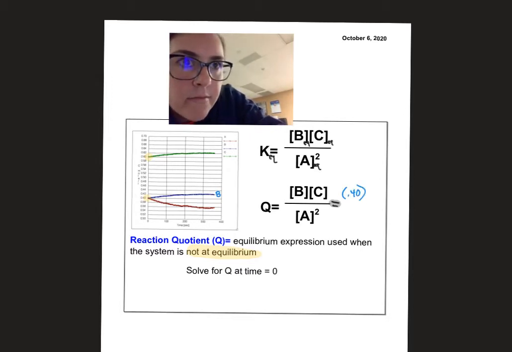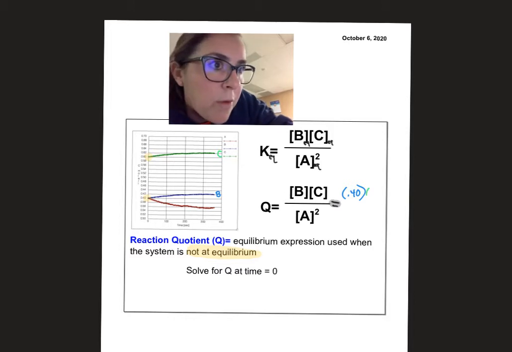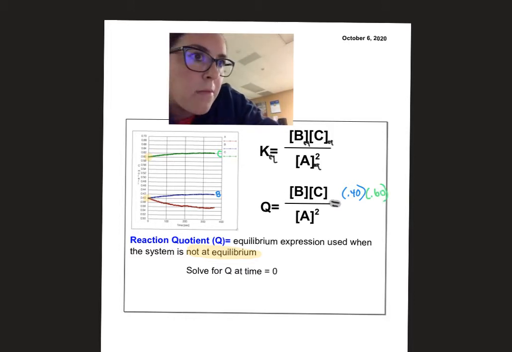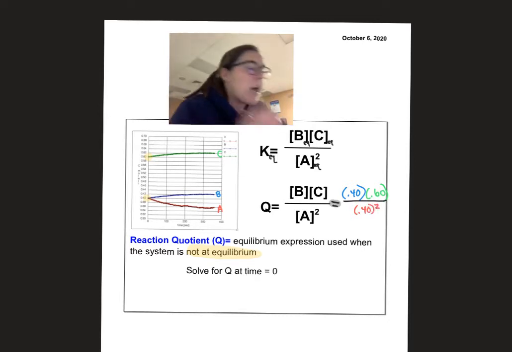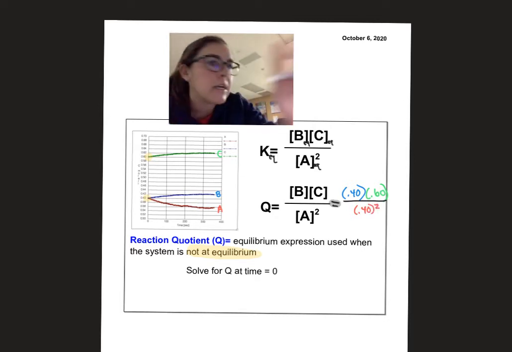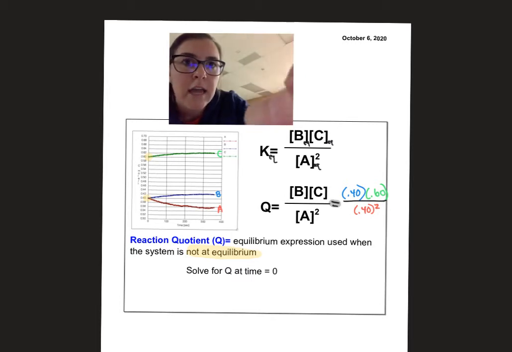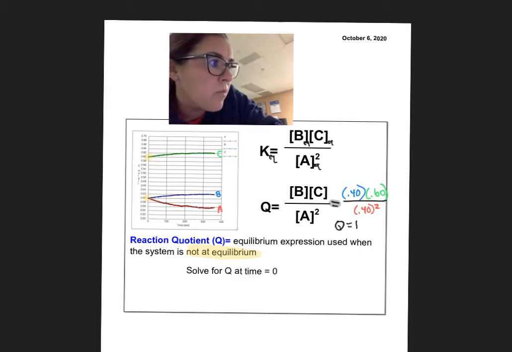My C, which was this line, is 0.6, divided by A squared, which started at 0.4, squared. If I plug all that in my calculator, good thing I did it ahead of time, I get Q is equal to 1.5.